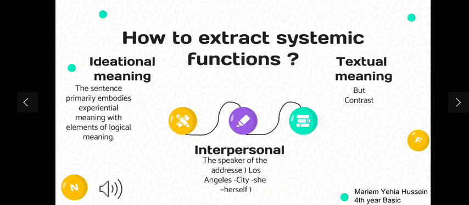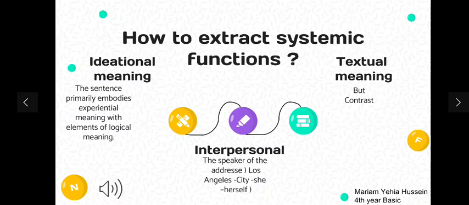If the sentence contains repetition or some logical information like cause, effect, contrast, so our sentence has contrast meaning, which is expressed by using the linker but. So I hope you understand how we extract the systemic functions of the sentence.